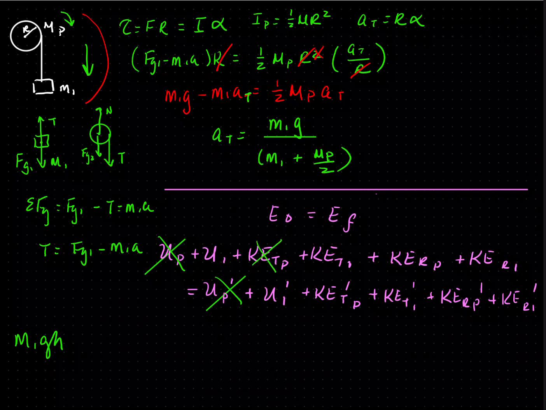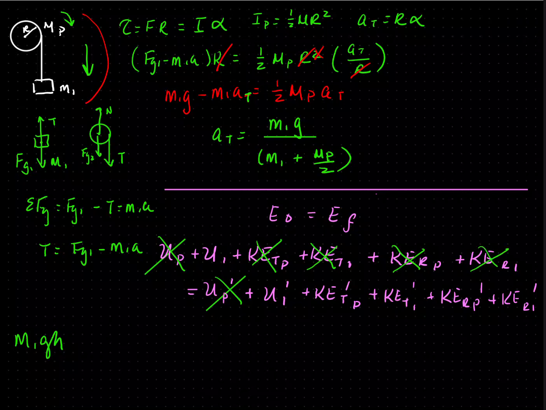The mass 1 will have no kinetic energy translation initially because it is starting at rest. The pulley will not have rotational energy initially because it is not spinning until the block starts to fall. The block M1 will have no rotational energy because it's only moving in the linear direction and it is starting at rest.